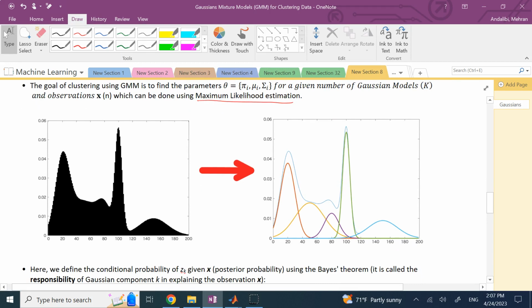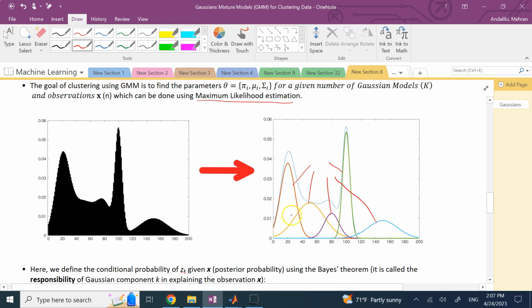Now, before I go more into the mathematical formulas and so on, let's say here, this is a histogram of some observations. So these are my observations that you can see. This is the histogram of them, or the distribution of them. And what I want to do is to say that this distribution is a linear combination of some Gaussian distributions. Which ones are these? These are this guy, this one, this one, this one, and this guy.